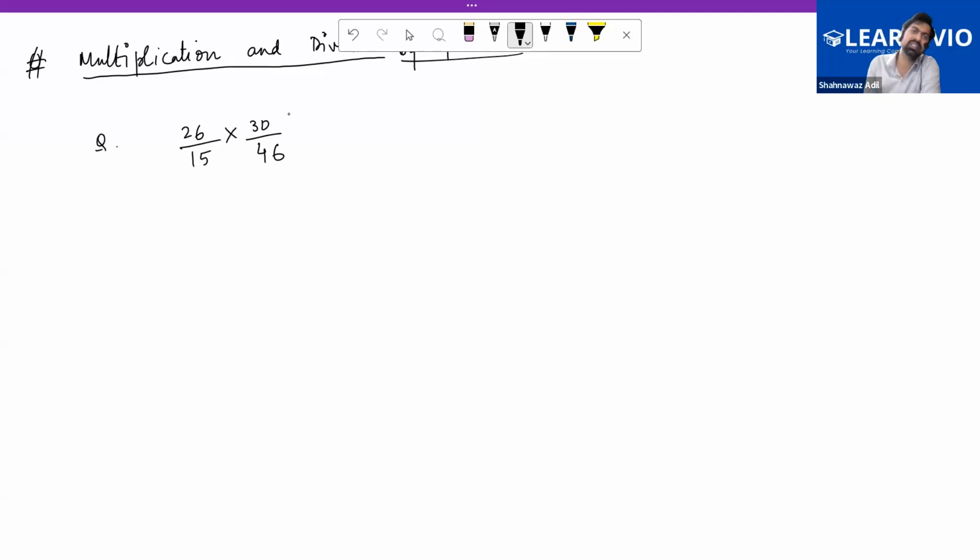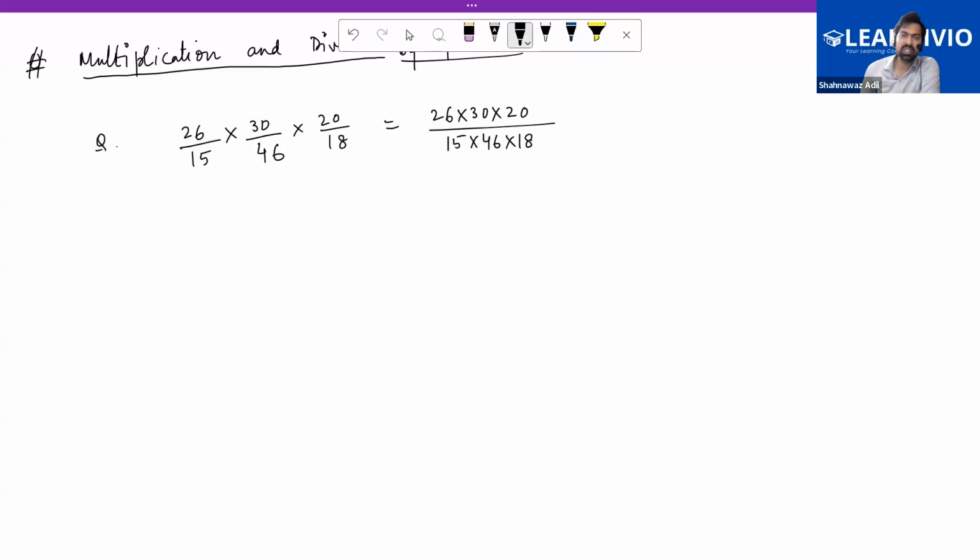So we have this multiplication, and we can multiply one more thing, let's say 20 by 80. In fraction multiplication, it is done in the numerator and denominator parts, and division is done in the numerator and denominator as well. All the numerators are combined and all the denominators are combined, right? And then we simplify.